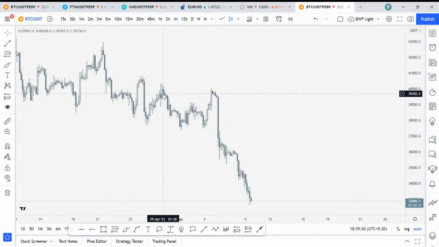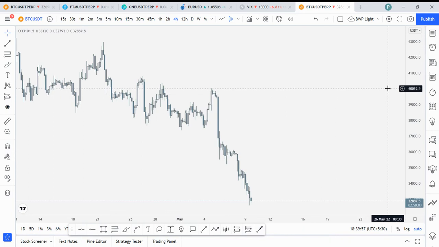If I execute my sell order immediately at market price, that's a market order. But if I decide that I want to enter somewhere when price goes to, let's say, 40,000, I want to enter at 40,000.